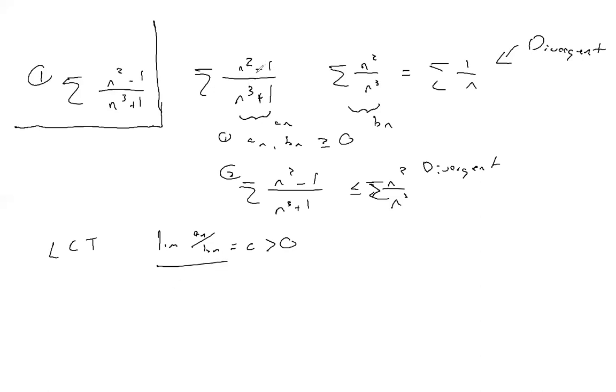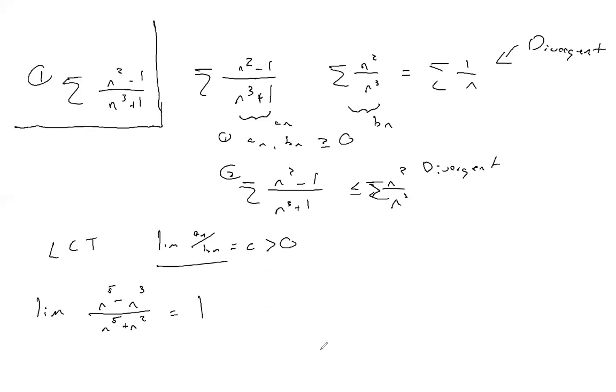This is my a_n, this is my b_n, so a_n over b_n is this after I simplify everything. I need to figure out the limit of this. Polynomial over polynomial: highest power over highest power, coefficient over coefficient. The limit is going to be 1. That tells me these two series are going to do the same thing. I know this one diverges, so my original series diverges.